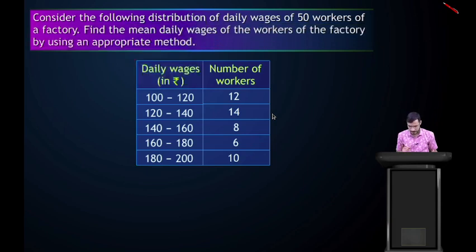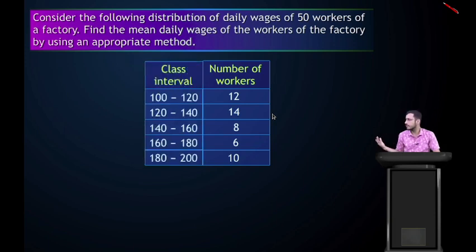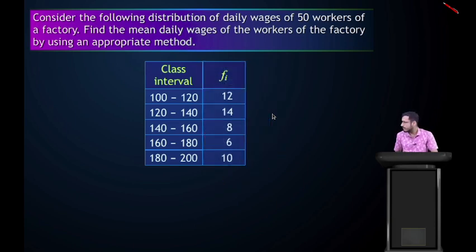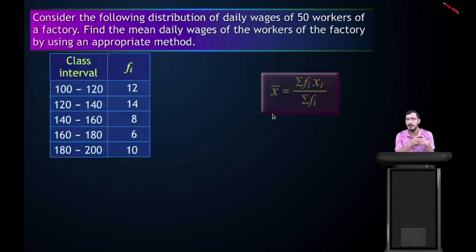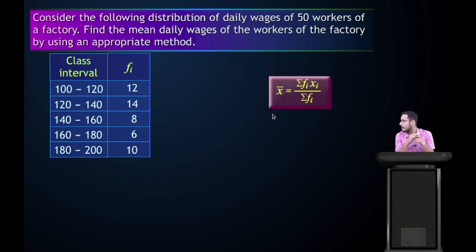So let's see here the class intervals: 100 to 120, 120 to 140, 140 to 160, 160 to 180 and 180 to 200. The number of workers, that means frequency, we can write as fi. Using the direct method, x bar is equal to sigma fi xi divided by sigma fi.